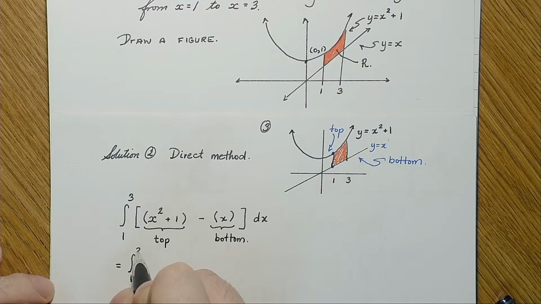You can simplify that so that instead I have x squared minus x plus 1 dx.